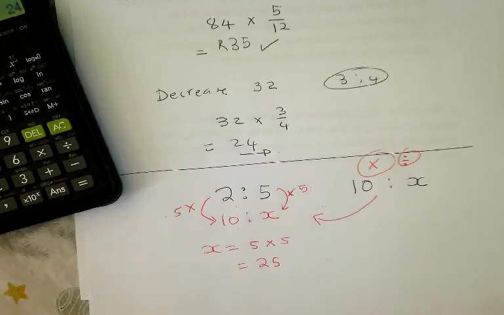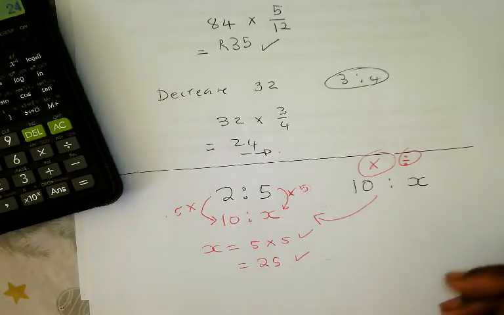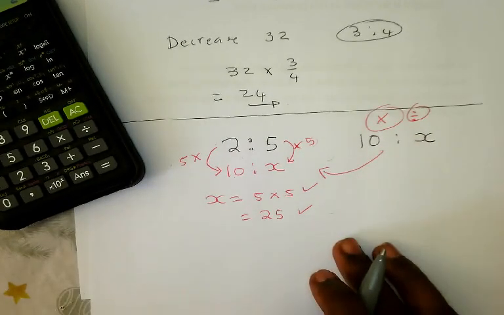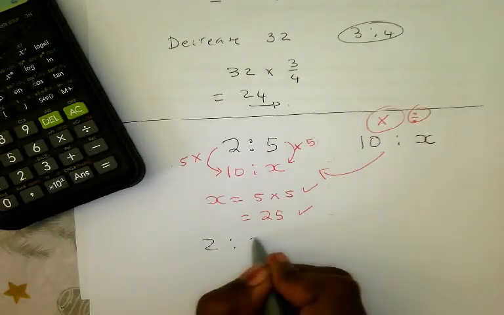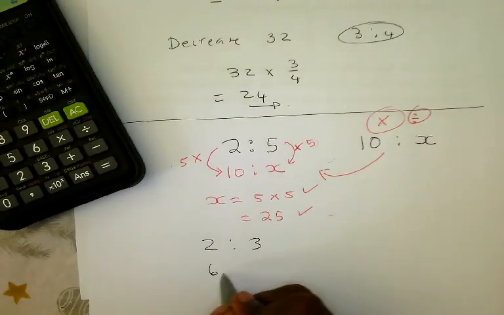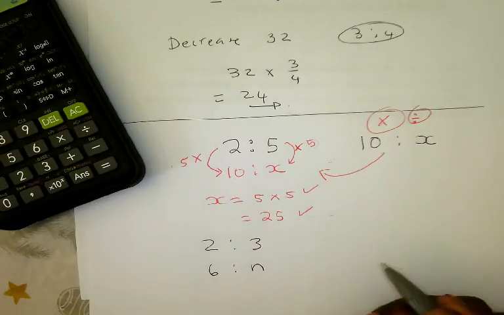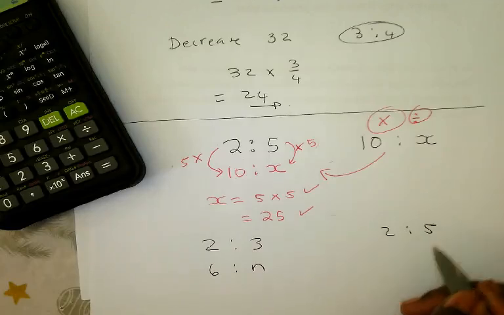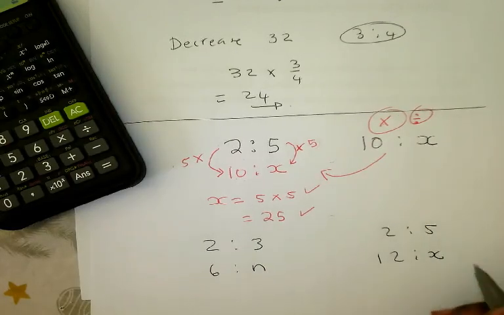Okay, another question. 2 is to 3, 6 is to n. Let's try another one here. 2 is to 5, 12 is to x. So I'm going to do a cross multiplication method on one, then I'm going to do this method.